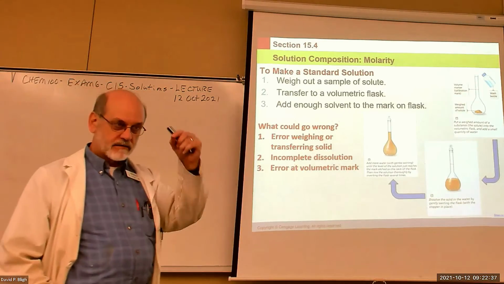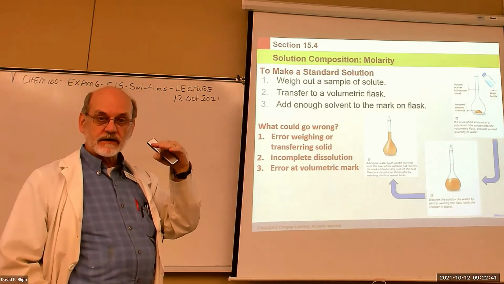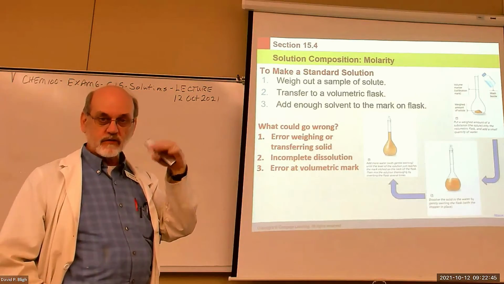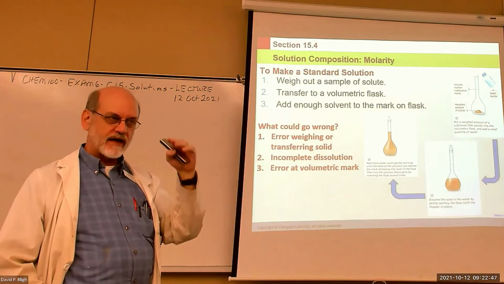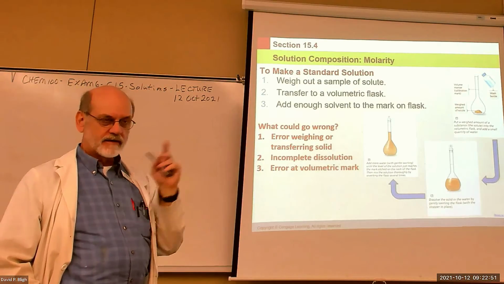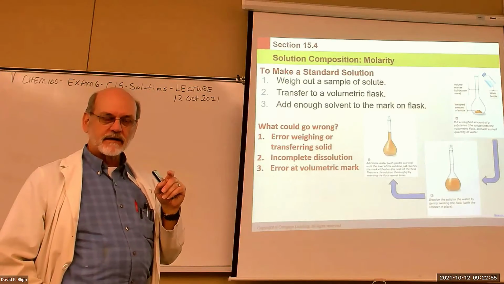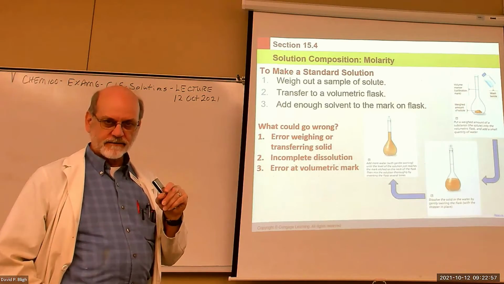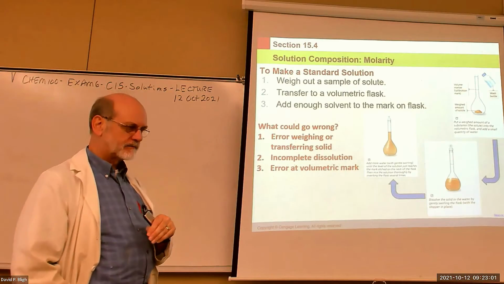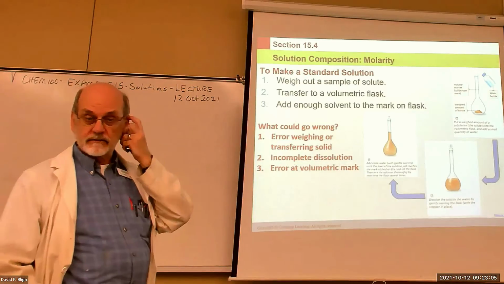You could add solvent up to the mark, but miss the mark. In other words, you read it wrong. Say you read it at the top of the meniscus rather than the bottom of the meniscus. This volumetric glassware is calibrated for aqueous solutions, so you always read the bottom of the meniscus. Or you could overshoot it by accident.